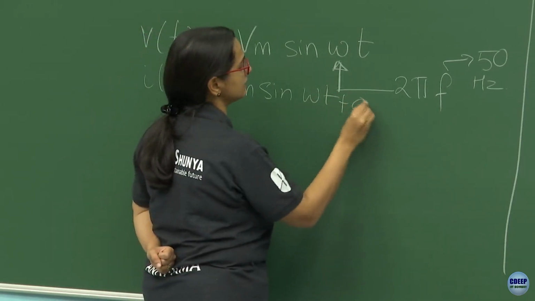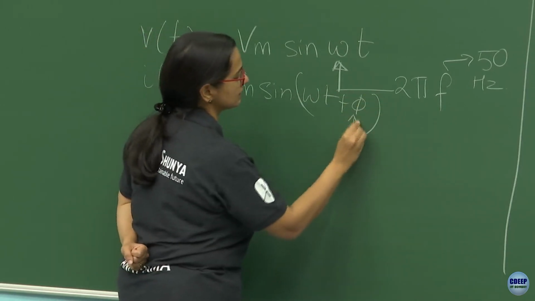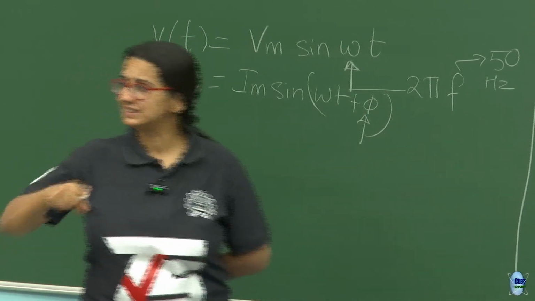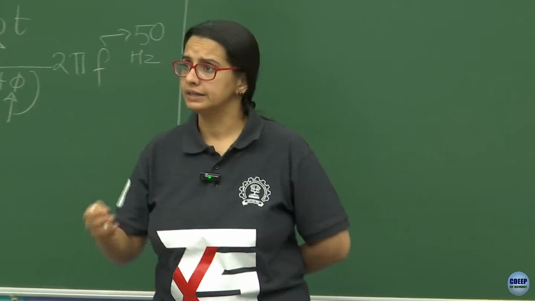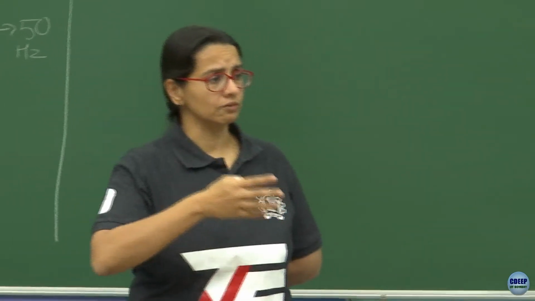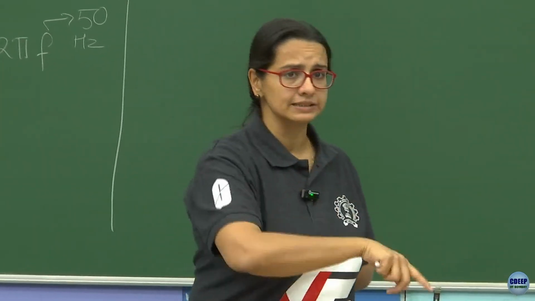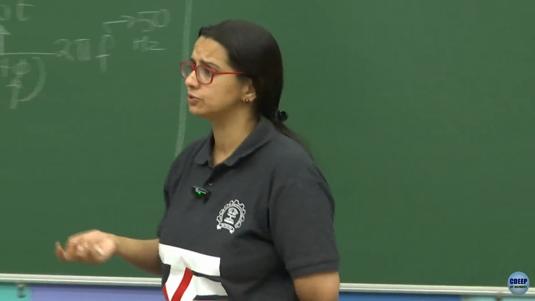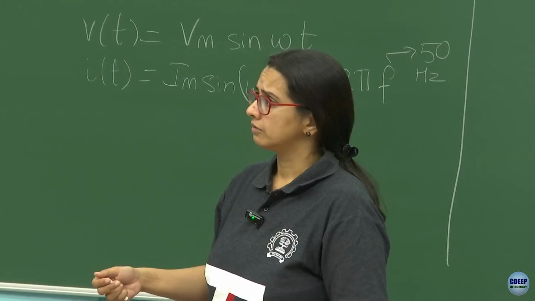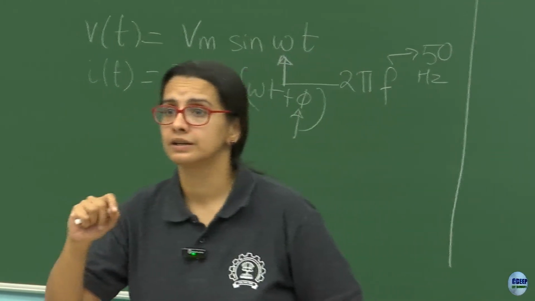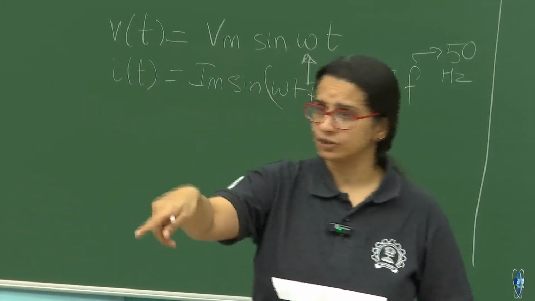And then what is this? This is the phase angle. This is related to the load that you are supplying, correct? It is going to be linked to whether the current is leading the voltage or lagging the voltage. What is that going to be a consequence of? The nature of the circuit that you're feeding into.